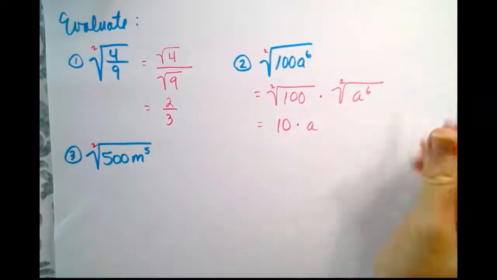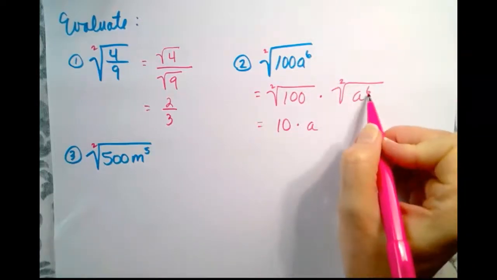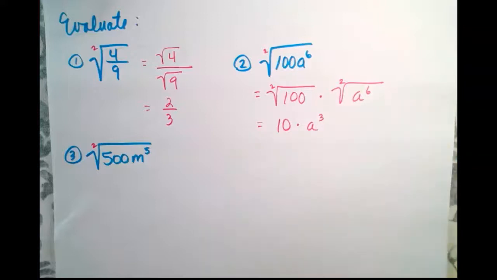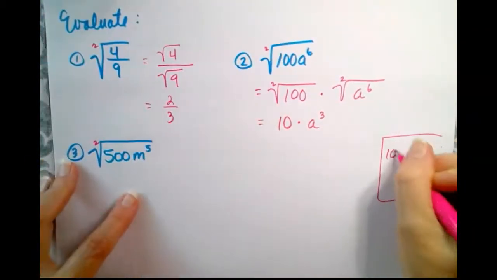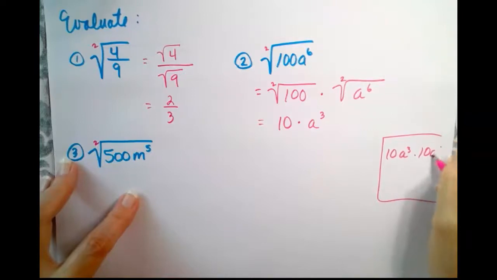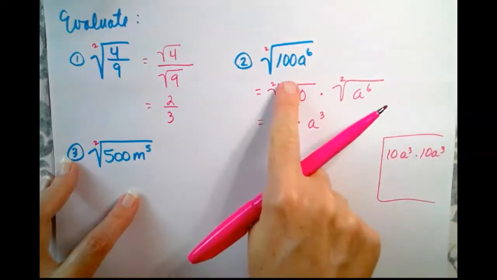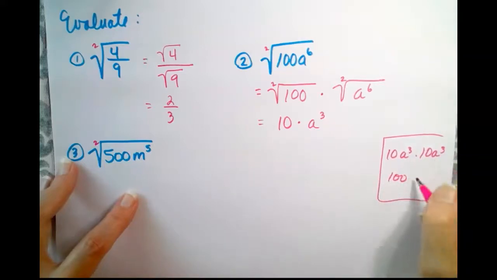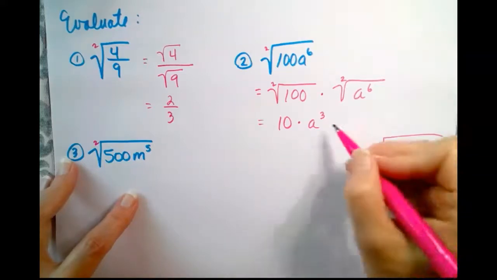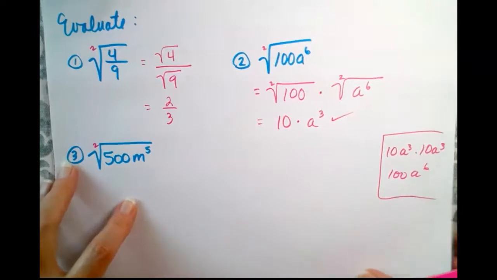So from here, 2 goes into 6, 3 whole times, none remaining. And we can give ourselves a quick check here by looking at 10a cubed times 10a cubed. Do we get 100a to the 6th? Yes, 10 times 10 is 100, and a to the 3rd times a to the 3rd is a to the 6th. So this is our square root.